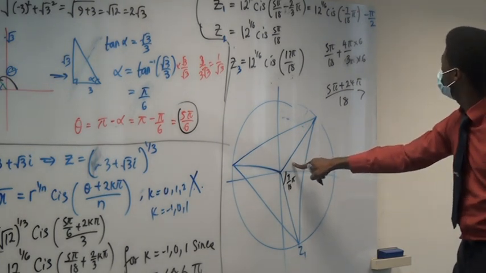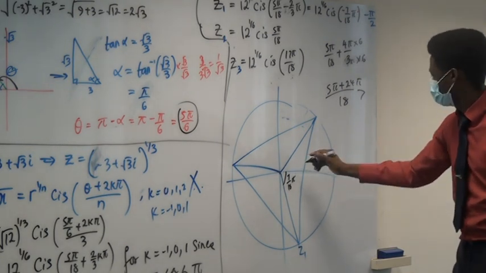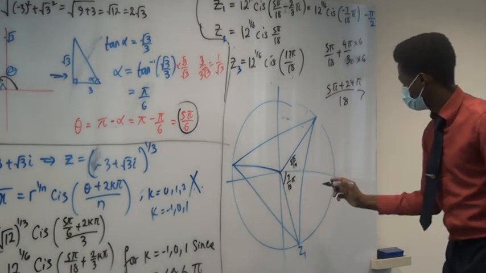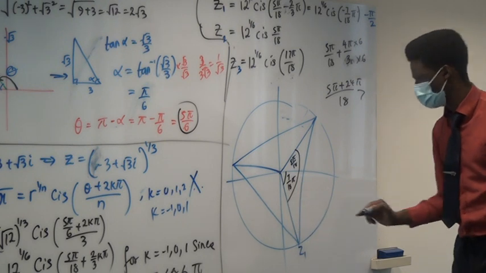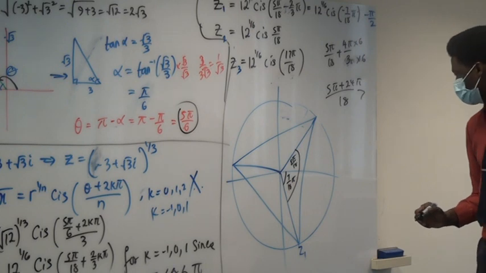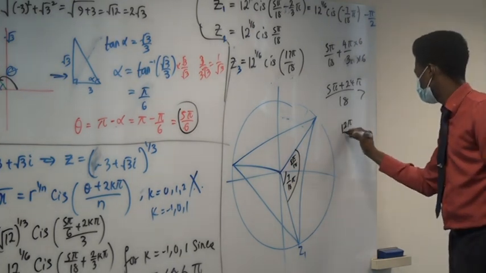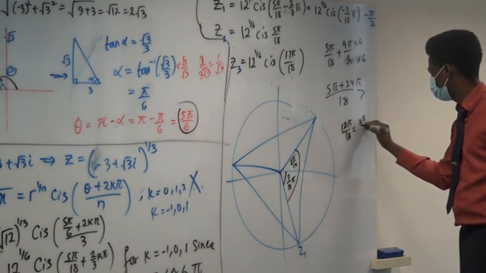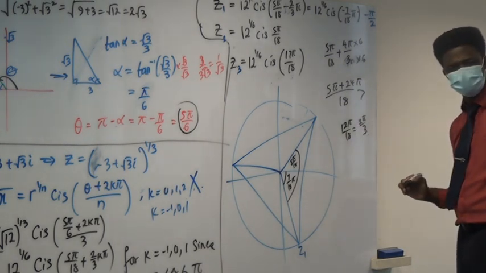This angle we know to be what? 5 pi over 18. So the combination of these two angles is 12 pi over 18. So 12 pi over 18 is what? 2 pi over 3.